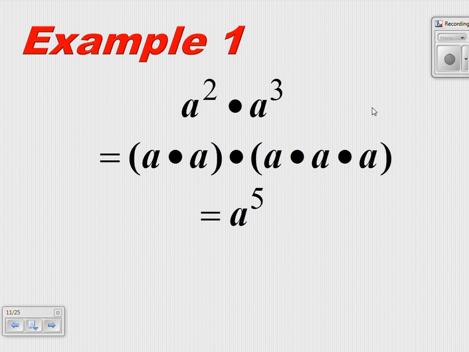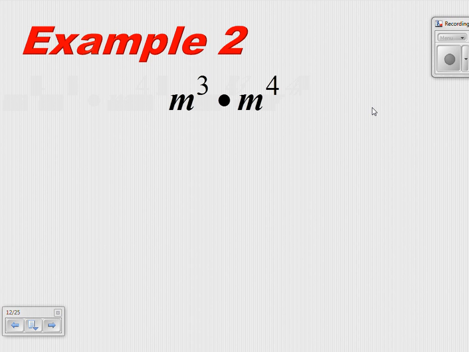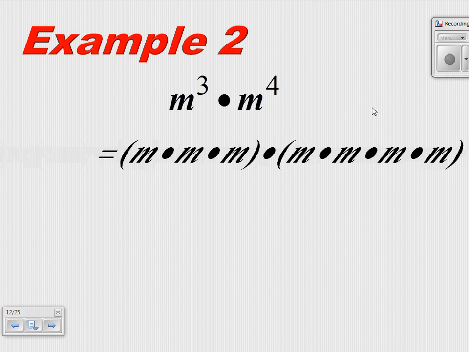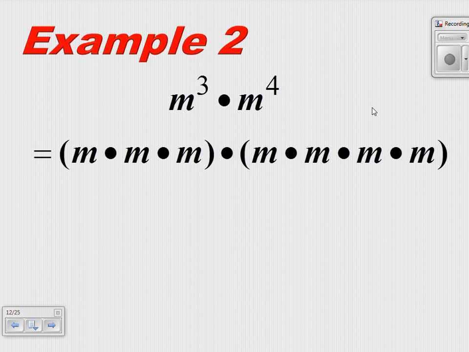Is there an easy way to figure this out without doing all that work? Yes, there is. But before we do that, let's look at the next one. Example number 2: m to the third times m to the fourth. If I wrote this out the long way, it would be m times m times m times m times m times m times m.